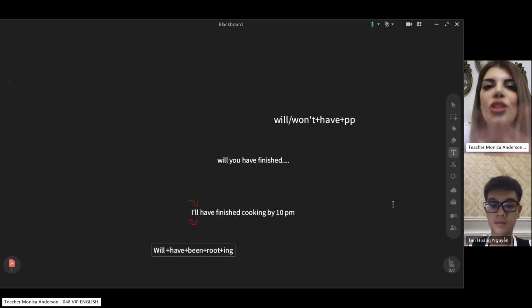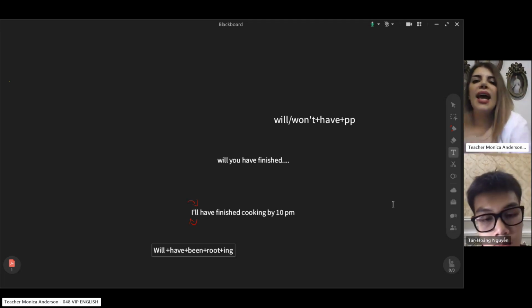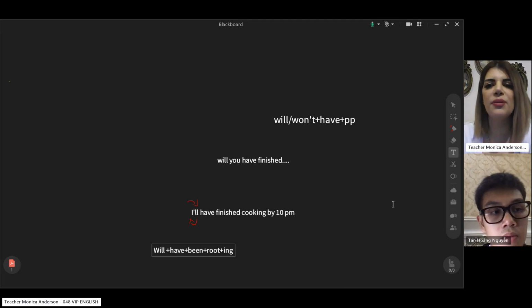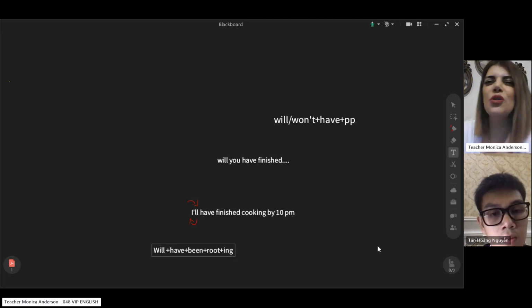And it describes actions that will continue until a point in the future. Okay, will have been, and of course the present participle, that is root and ing. Okay, and sometimes we can use both of them. Sometimes people make mistakes about the use of future perfect simple and future perfect continuous.